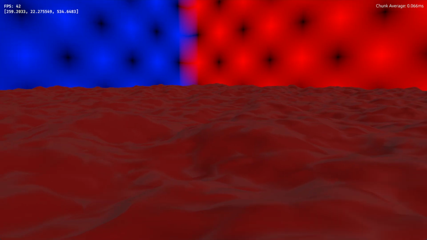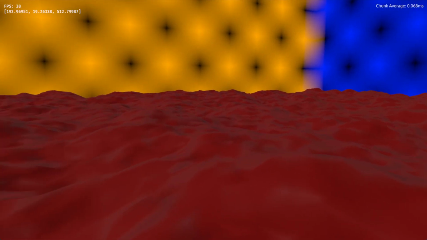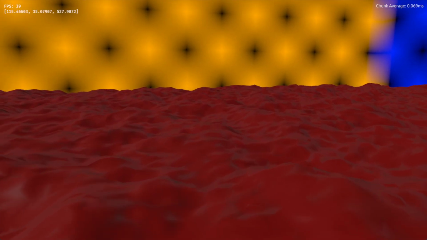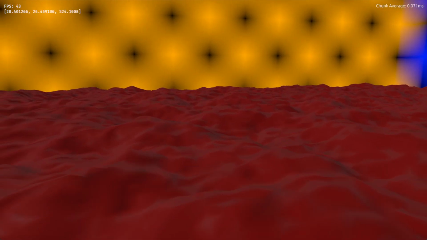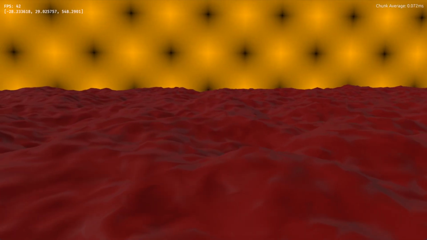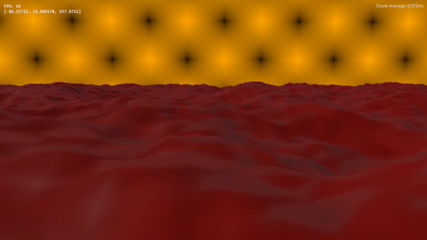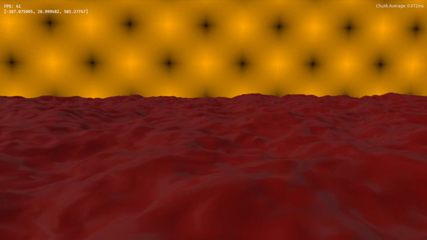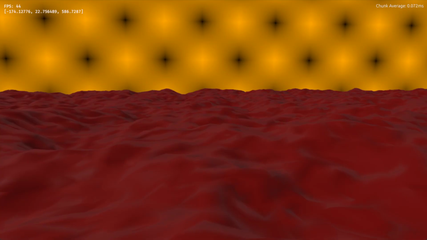There are several issues with this. The first one I'm dealing with is the fact that having chunks of different sizes in a grid together is obviously a challenge. Now I could just have all of the chunks be the same size but different levels of detail.